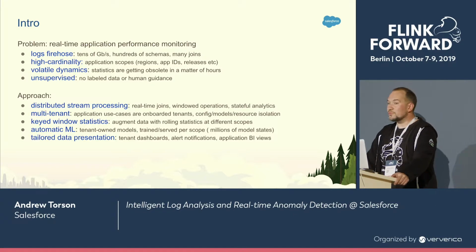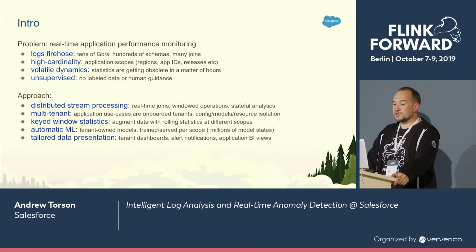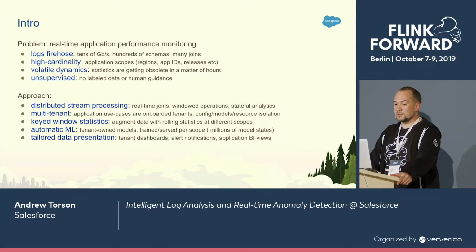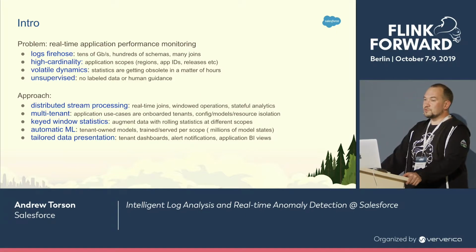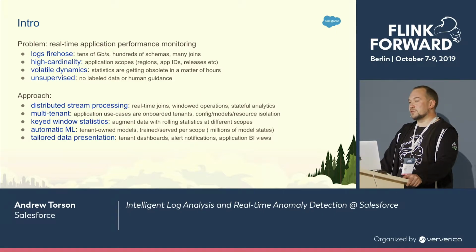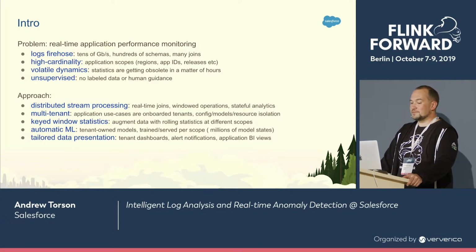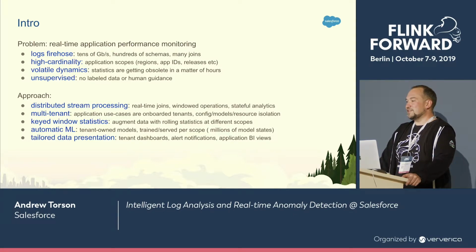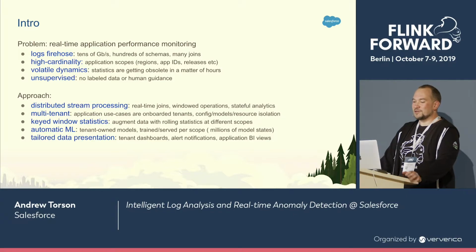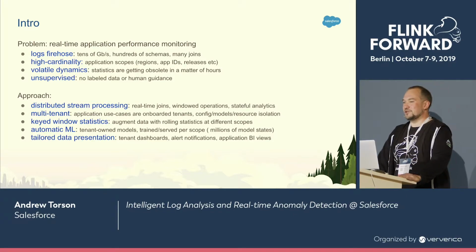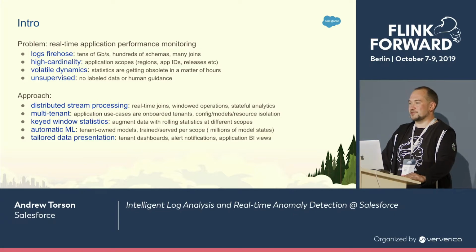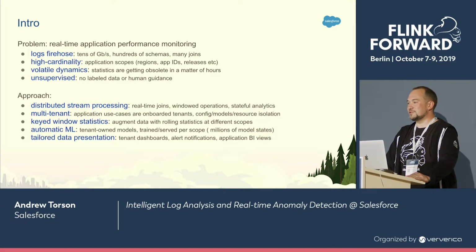You can start simple with those key time window analytics. I'll actually talk about it. But in order to do anomaly detection, soon you will realize that you need a little bit of machine learning. The important thing here is, because it's a multi-tenant platform, each tenant has their own set of data and their own models. So you realize that you actually need to build automatic machine learning, AutoML, as people call it these days.